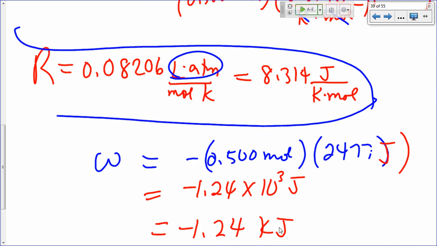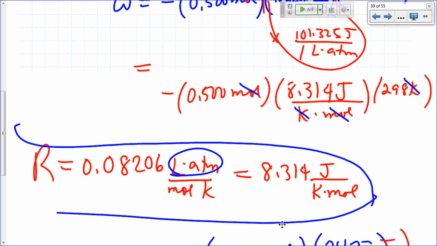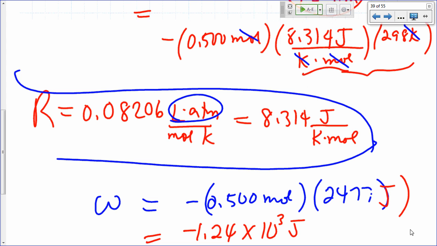Now this expression RT occurs very often in our calculations. So it's a good thing to remember a ballpark figure for that. What's a ballpark figure for RT at room temperature? 2477. That's about 2500 joules. So that's 2.5 kilojoules.